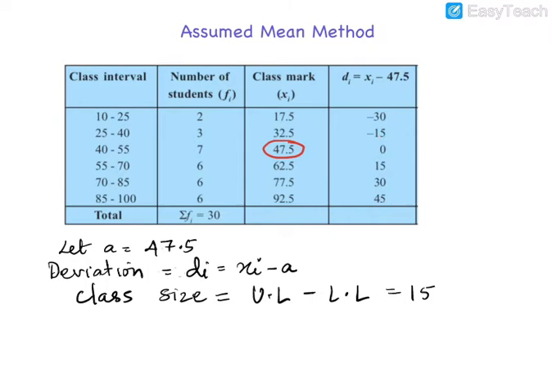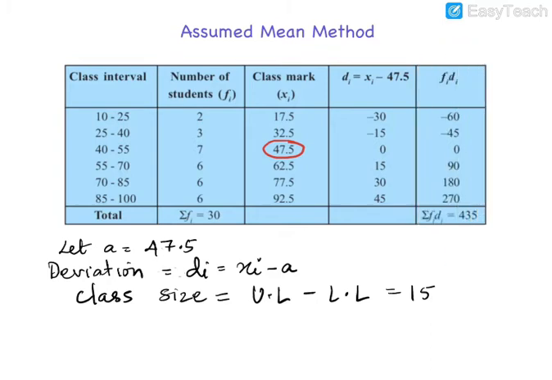The next step is to multiply each di with the corresponding fi and write it in the next column. After finding the product for each fi di, we have to add these numbers so that we get summation fi into di.